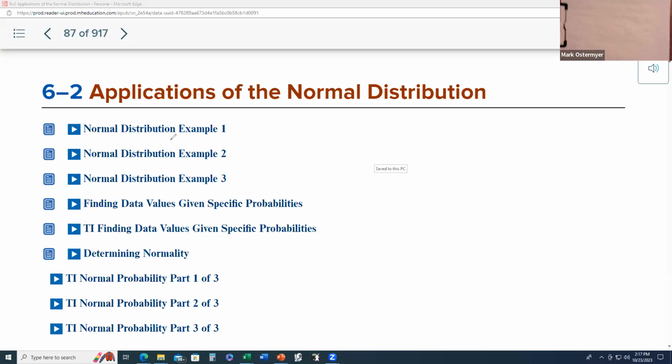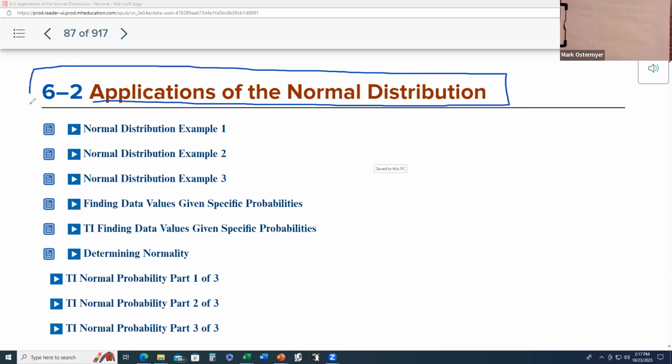Okay. Well, maybe what I'll do is make a little supplementary video, as I'm working a couple problems out of 6.2, some application problems. And I'll demonstrate them on the calculator. And I'll just attach that video to Canvas for your viewing, okay?